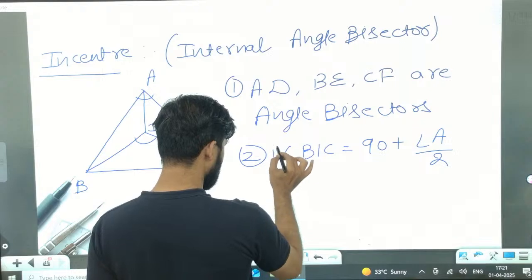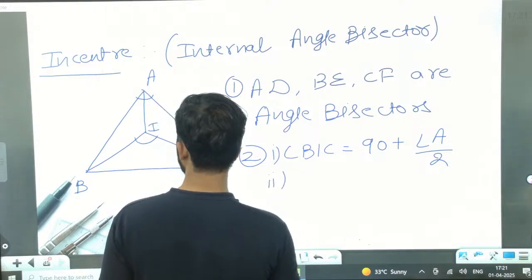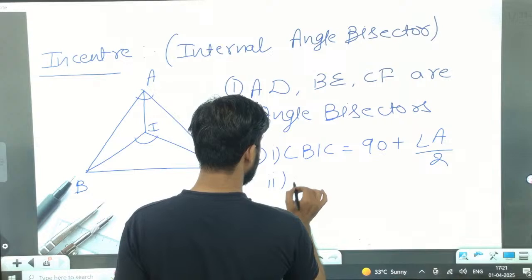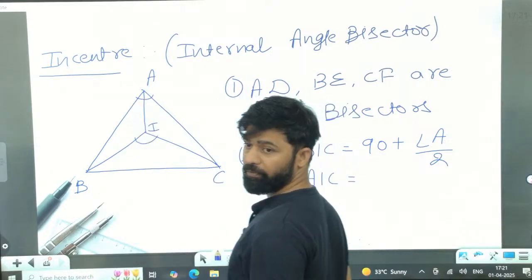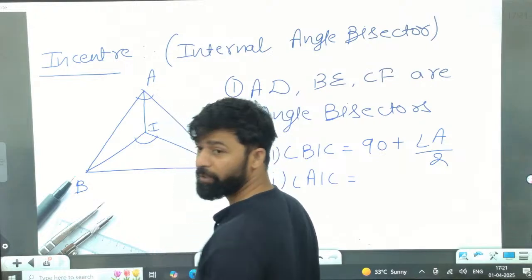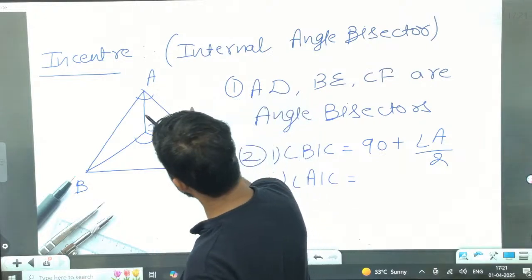Now you have to tell me the next one. If I say angle AIC, what it will be? 90 plus half of B. Now we have to find this one, na?